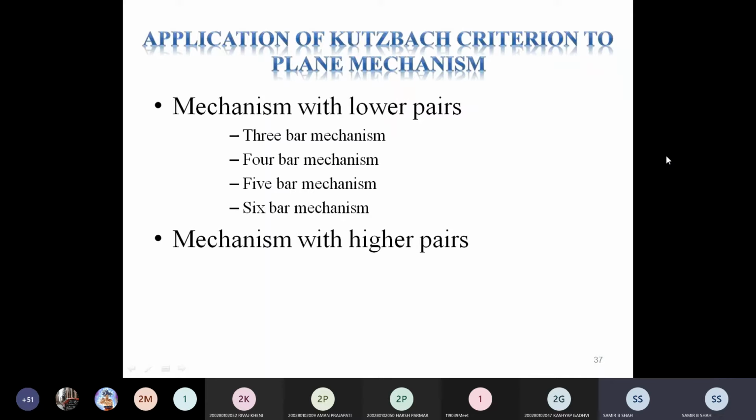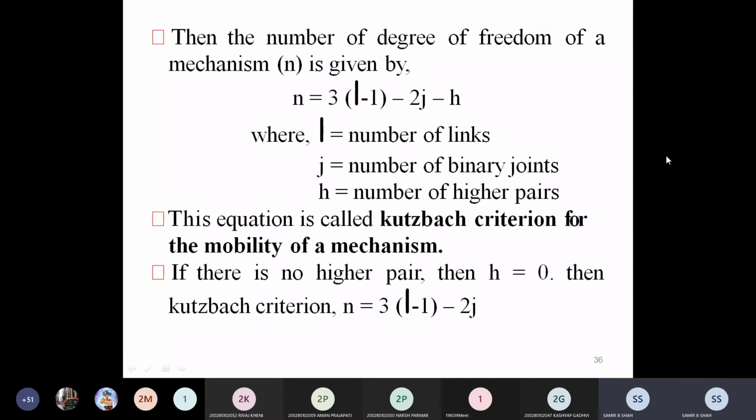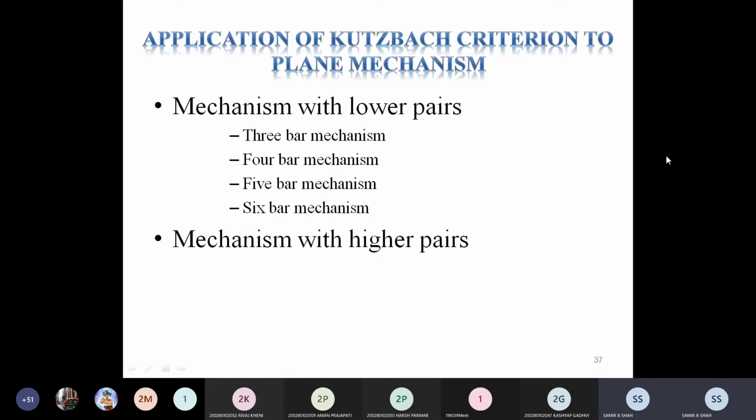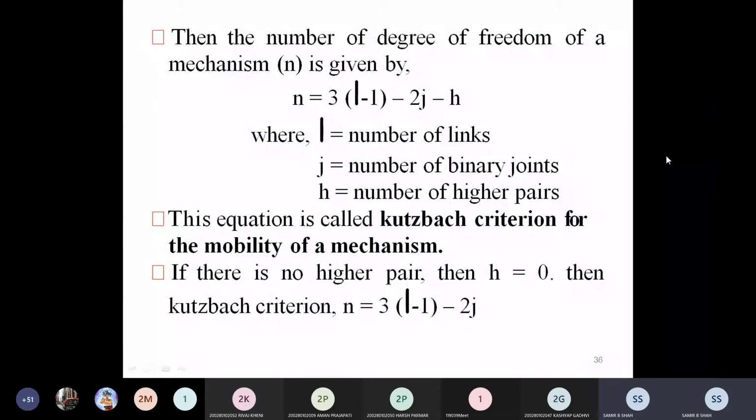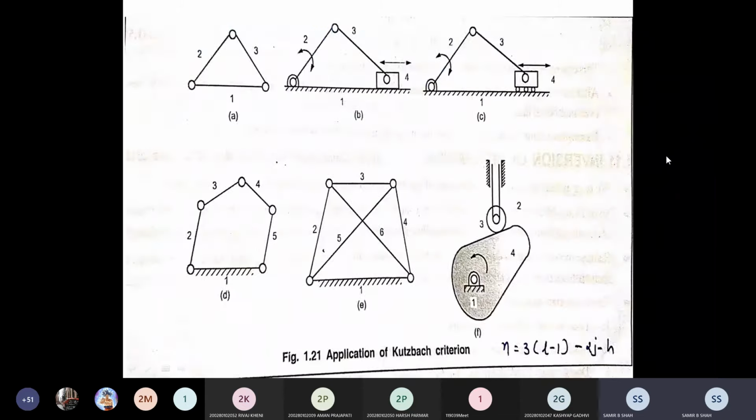As I discussed, where is this criterion used? Its applications are in the 3-bar, 4-bar, 5-bar and 6-bar mechanisms, where we consider lower pairs and higher pairs. Whenever a higher pair is used, H is included in the equation. But if H is absent, we do not include it, and the equation becomes 3 of L minus 1 minus 2J.